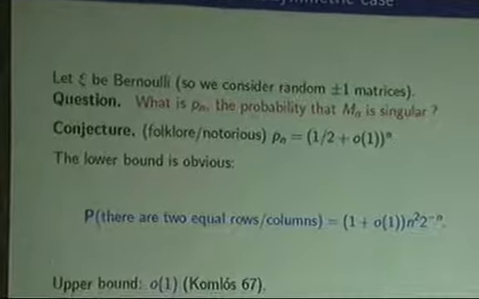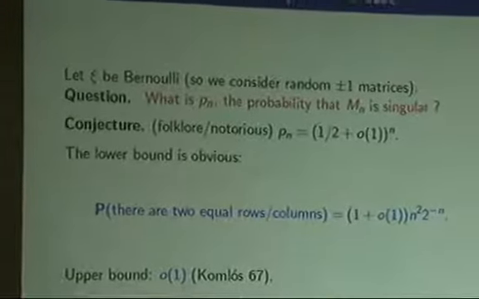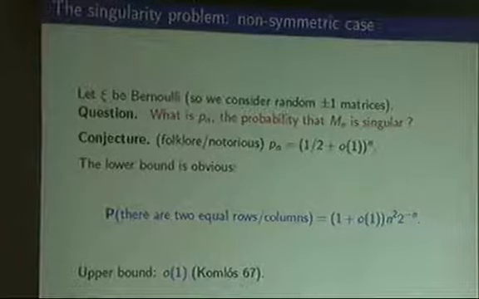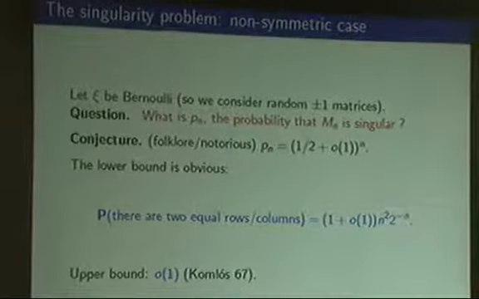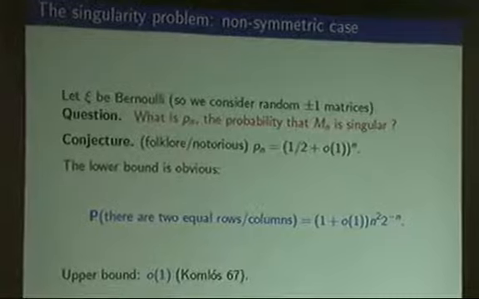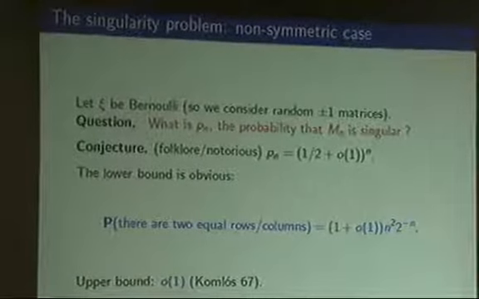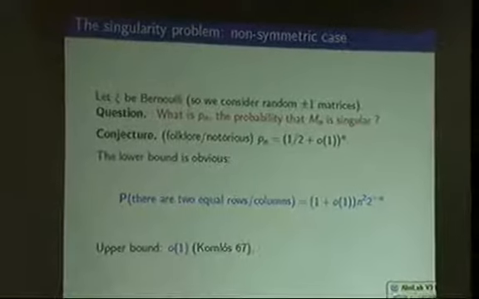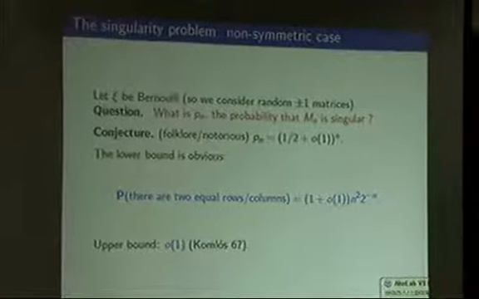Okay, so the first one is actually my favorite problem, the singularity problem. We ask for the probability that the matrix is singular, and there are two cases, two models, as I said, the non-symmetric model and the symmetric model, and the analysis of the two is quite different.